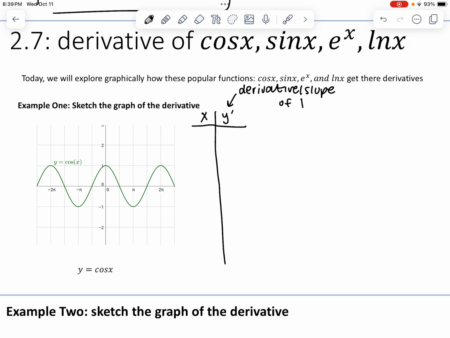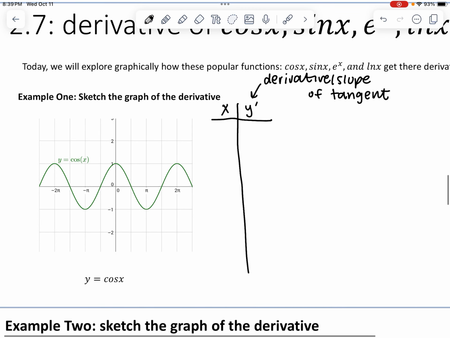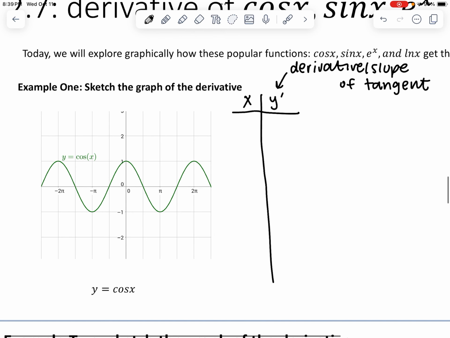So the most popular points that we think about when we do cosine are the ones on the unit circle. So I'm just going to go left to right and remind you. Negative 2 pi, we're going to look at. Negative 3 pi over 2 is another value on the unit circle. Negative pi, 0, 1.